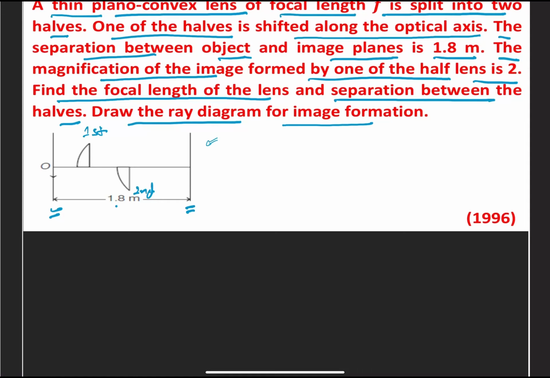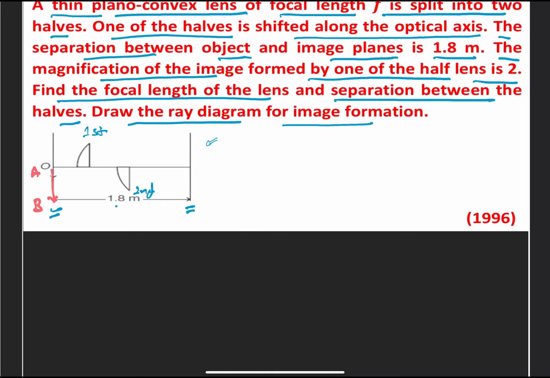If we have an object, let us suppose it is AB, then this object AB will act as the object for the first as well as the second convex lens.